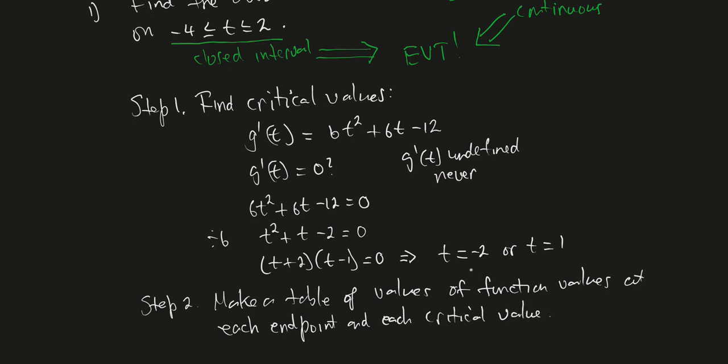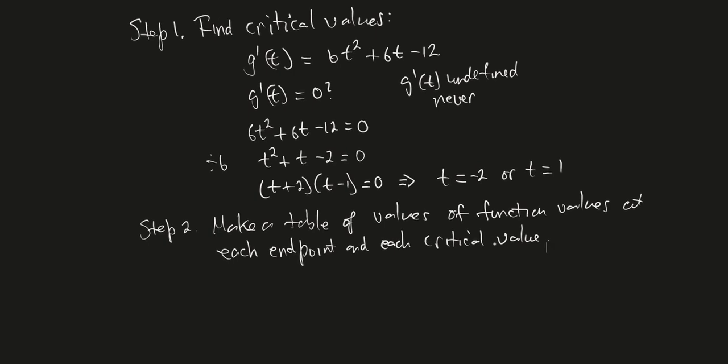So we're literally just going to plug in these four numbers, negative 4, 2, negative 2, 1, into my function and see which one corresponds to the largest y value and which one corresponds to the lowest y value, right? So let's make our table. Let's make our t, and then just as a reminder so that we don't have to keep scrolling up, let me rewrite what g of t is.